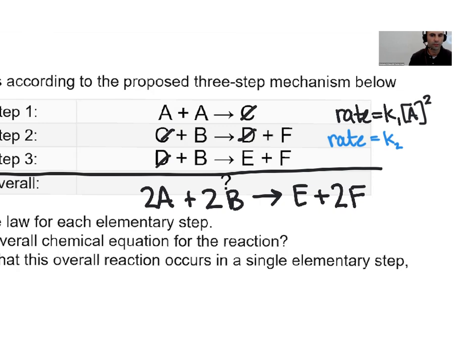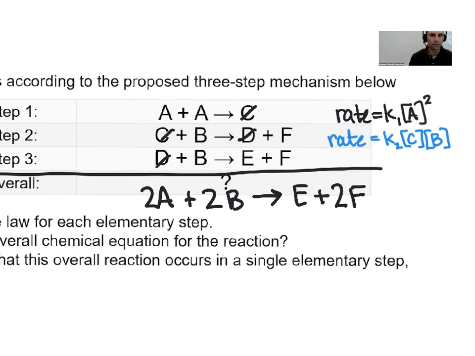So for our second step, we had two reactants, C and B. And those are both 1s, so that would be raised to the first.